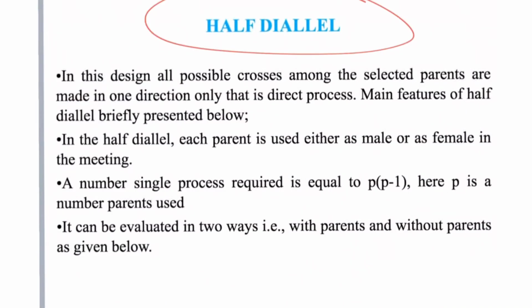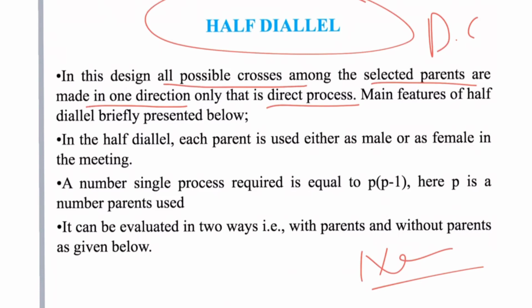Now let's come to the half diallel mating design. In this design, all the possible crosses among the selected parents are made in one direction only, the direct process. It means only direct crosses are involved, no reciprocals. In this design, each parent is used either as a male or female, while in reciprocal crosses, each parent is used as both male and female parent.